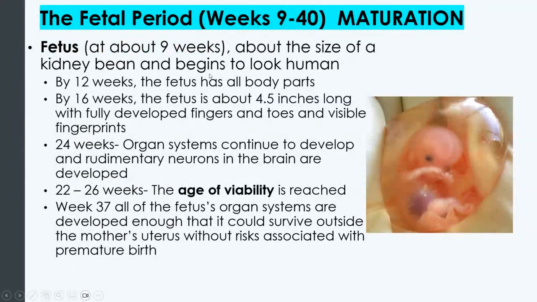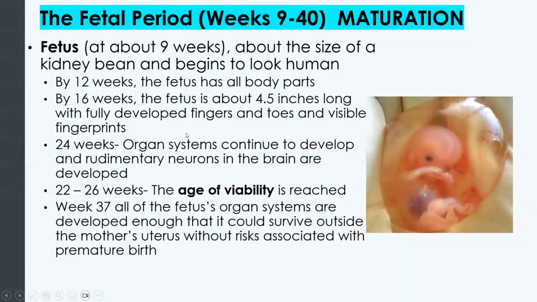And that's what the fetal period is. The fetal period is everything has already been established, but now it just needs to mature. So when you think fetal period, think maturation. And this is your fetus from about 9 weeks to the full gestational period, which is 40 weeks. At 9 weeks, it's about the size of a kidney bean, and it has the beginnings of what might look human.